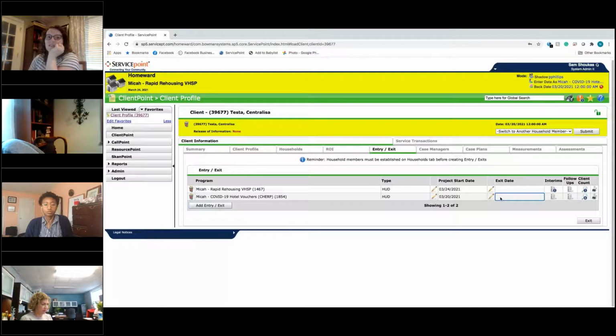It is the first date they slept in their new housing. So I have had people who have signed a lease on the 1st, but did not move in until the 5th because they didn't have a bed to sleep in, and so they stayed at the shelter for another 5 days. So your 5th is your move-in date, not the 1st, because you signed the lease on the 1st.